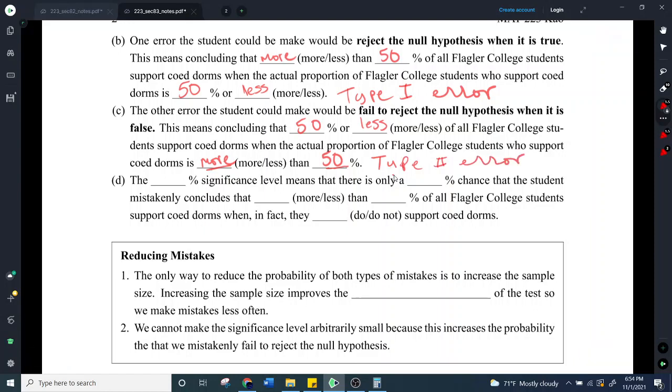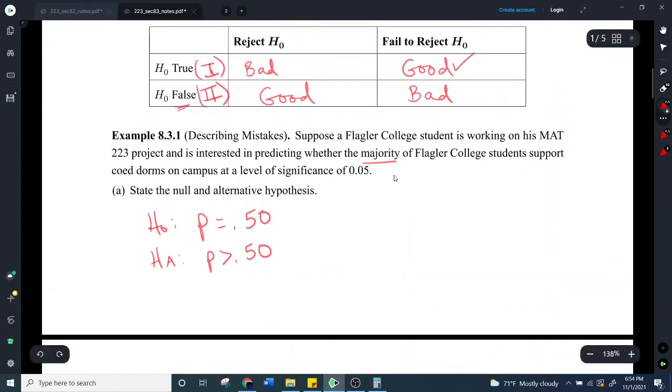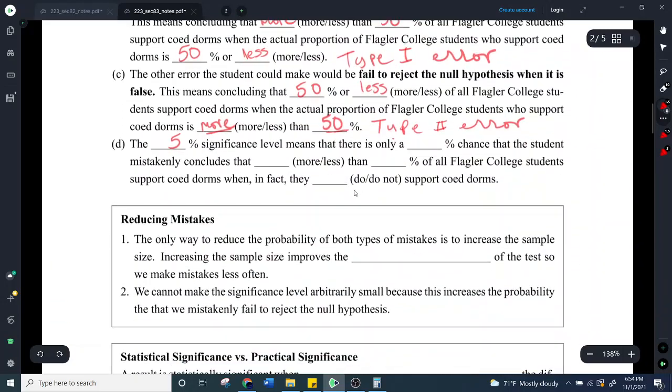The significance level of 5%, remember we had a 5% significance level right here. The significance level of 5% means that there is only a 5% chance. So the significance level, we haven't really gotten into this yet, but the significance level refers to the probability of making a type 1 error.